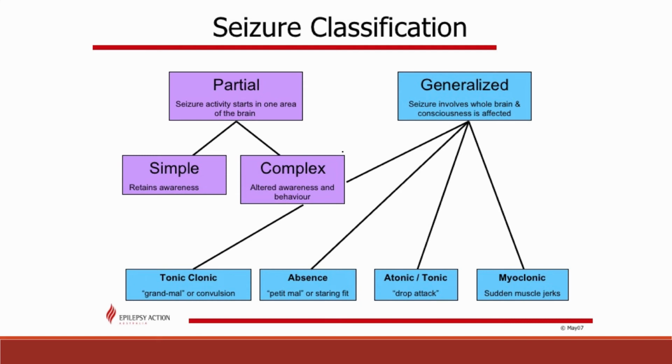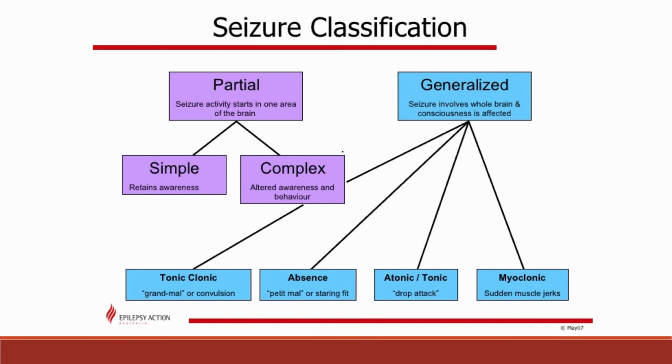And then drop attacks, where you just have a syncopal event, you lose consciousness. You don't necessarily have the tonic-clonic grand mal or convulsion, but still can be a generalized seizure. And then myoclonic, where you have these sudden muscle jerks that are uncontrollable as well.